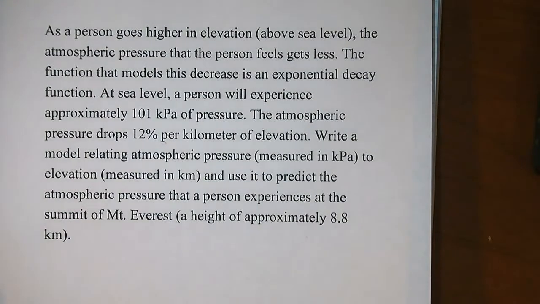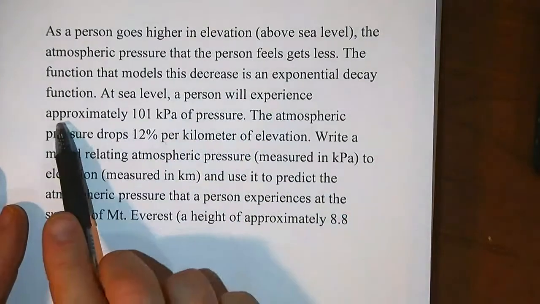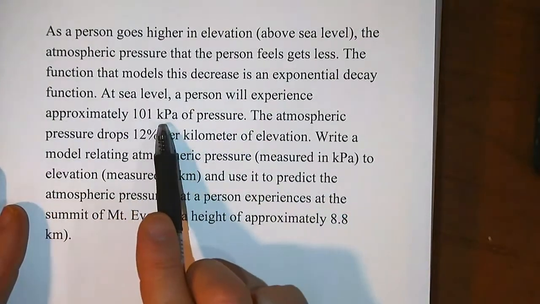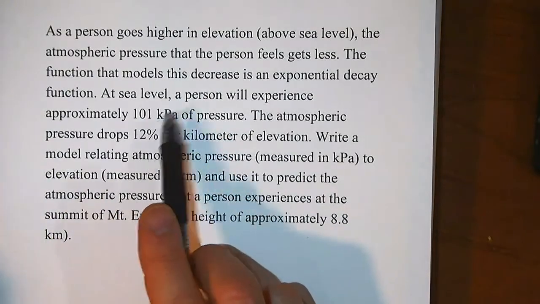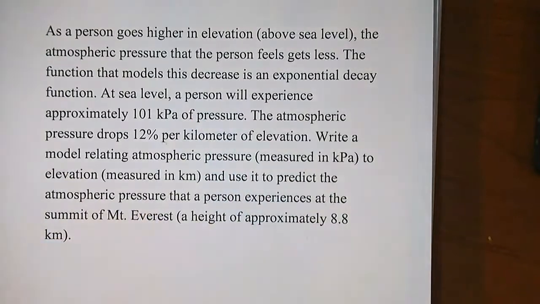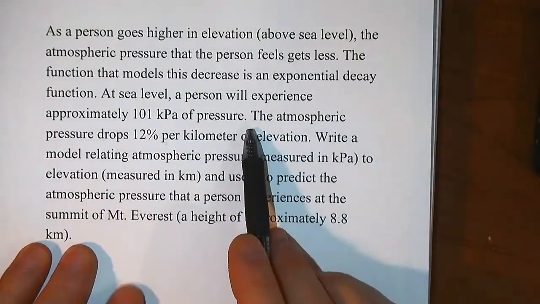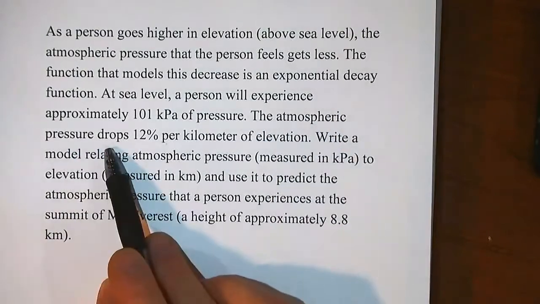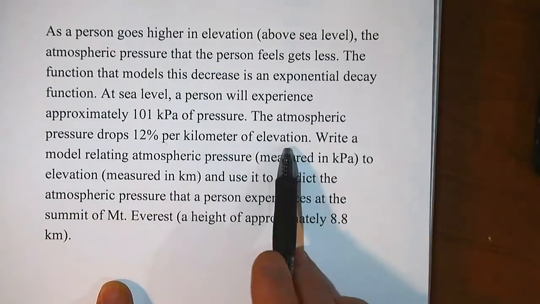Okay, then they give us some information. At sea level, a person experiences approximately 101 kilopascals. Okay, now if you're not a big science person, you don't know what a kilopascal is, that doesn't even matter. That's just the units that we're using. Now the atmospheric pressure drops approximately 12% every kilometer of elevation.